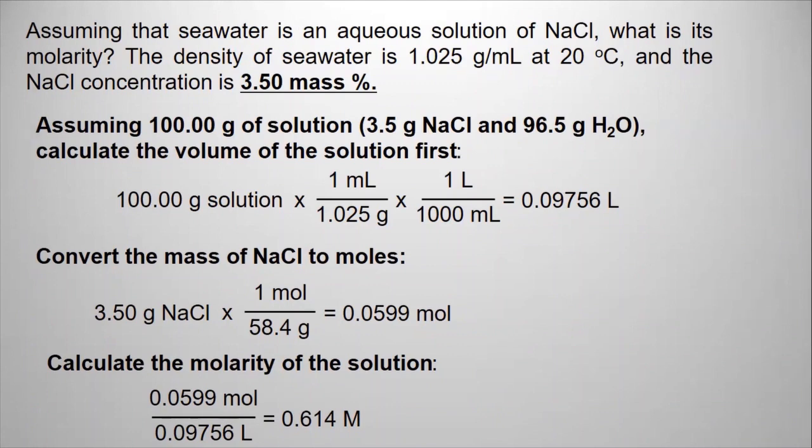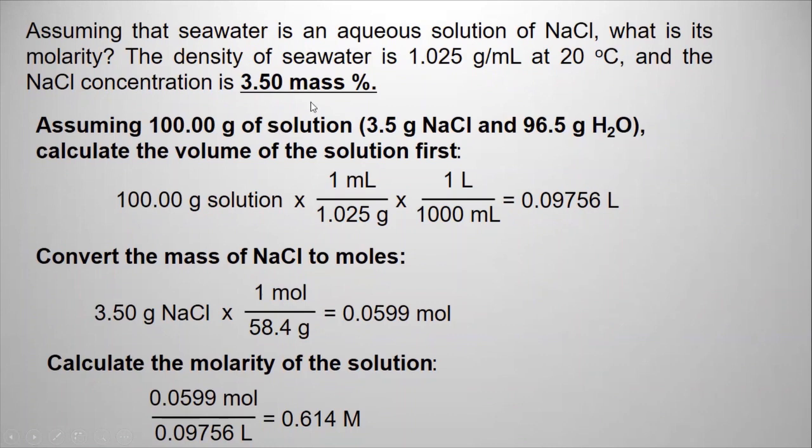When it tells you 10% by mass, this means 10 grams of the solute in 100 grams of solution. So we always have the percent out of 100. When it says mass percent, that means it's by weight. When it says volume percent, that means by volume. Depending on the unit, you will know what you have of the solute. We're going to be using mass percent, which means this is in grams, 3.5 grams in 100 grams of a solution.